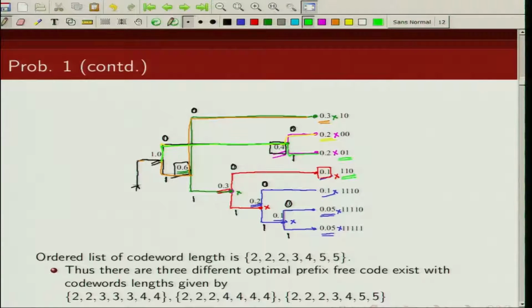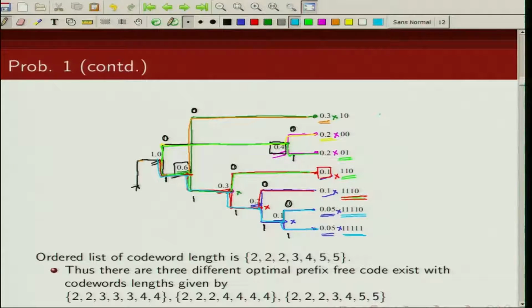The code word for this is 1 1 0. The code word for this is 1 1 1 0. The code word for this is 1 1 1 1 0. And finally this one is 1 1 1 1 1.